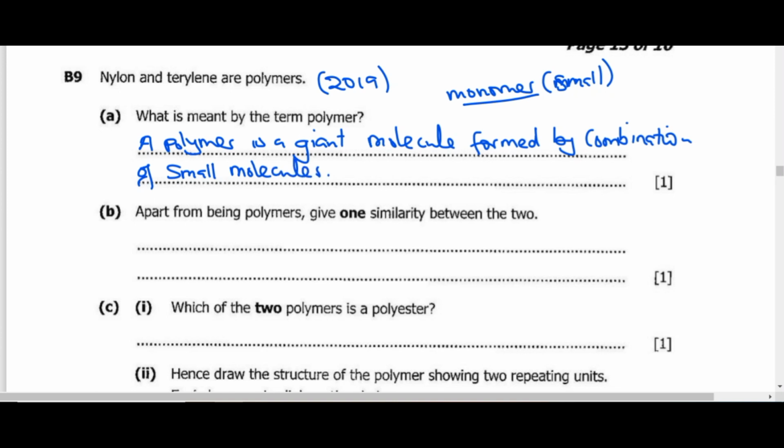So small molecules, which we call monomers, they make a polymer. So apart from being polymer, give one similarity between the two.